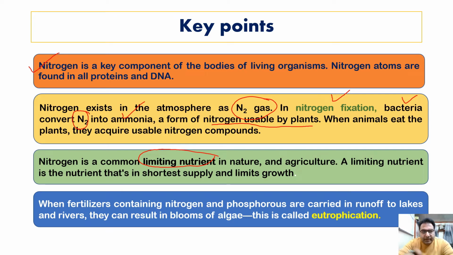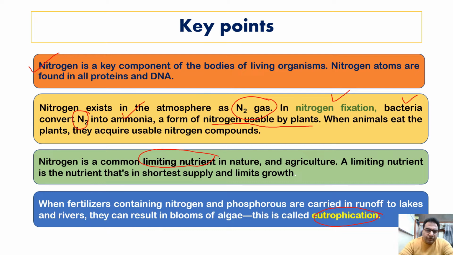When fertilizers containing nitrogen and phosphorus are carried in runoff to lakes and rivers, they result in blooms of algae, and we call that process eutrophication.